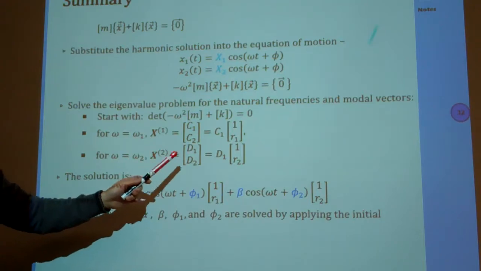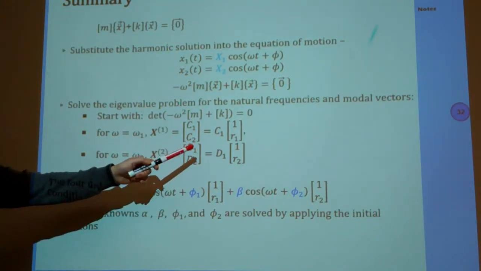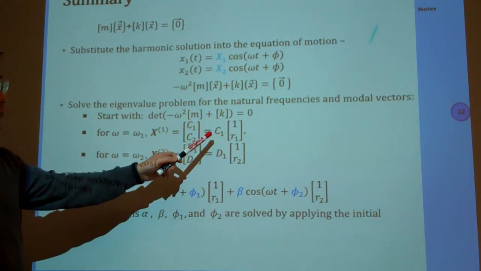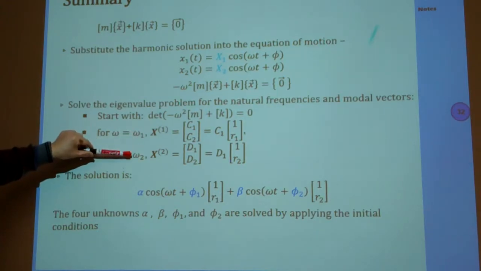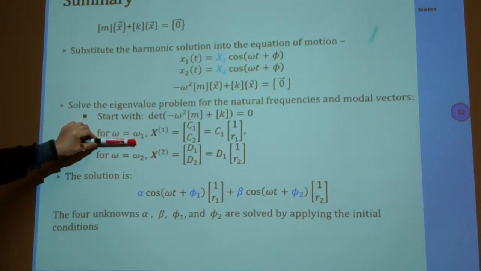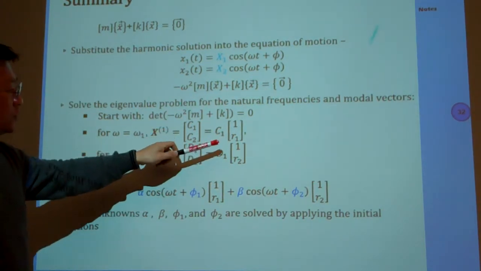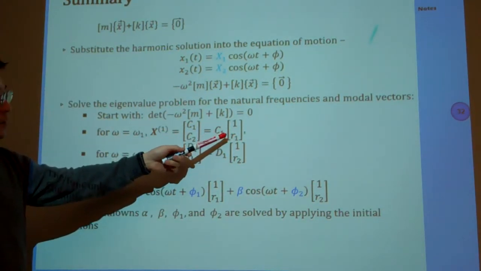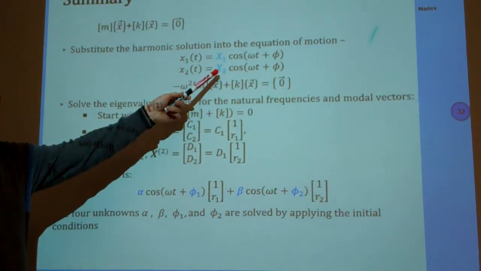For different omega, we have a different ratio. This is called the modal vector. Again, for different natural frequencies, we will have different modal vectors, and each modal vector simply describes the relation between each component of the amplitude.